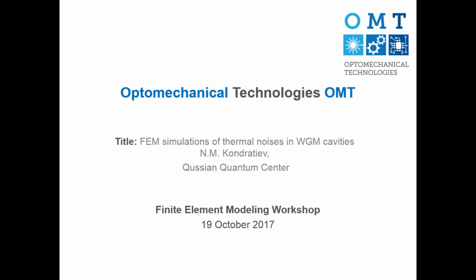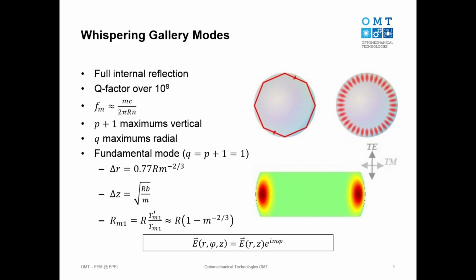And now I'm going to speak about finite element method simulation of thermal noises in Whispering Gallery Mode cavities. So, yes, I will give another brief introduction to the Whispering Gallery Mode.